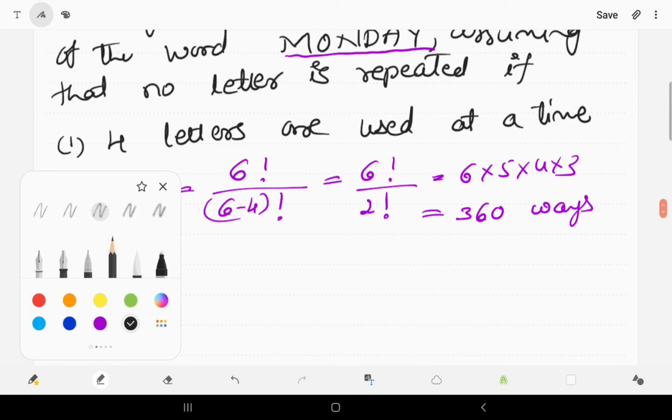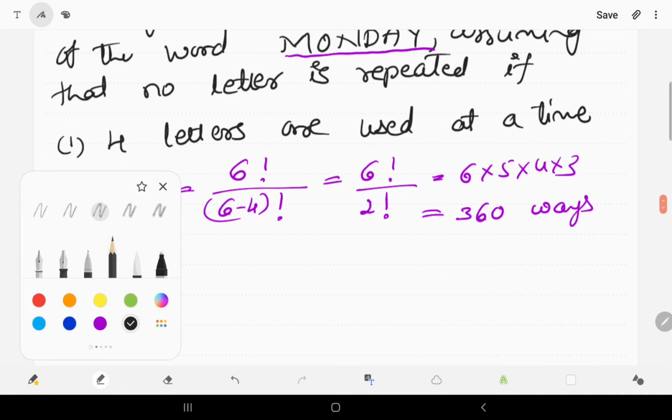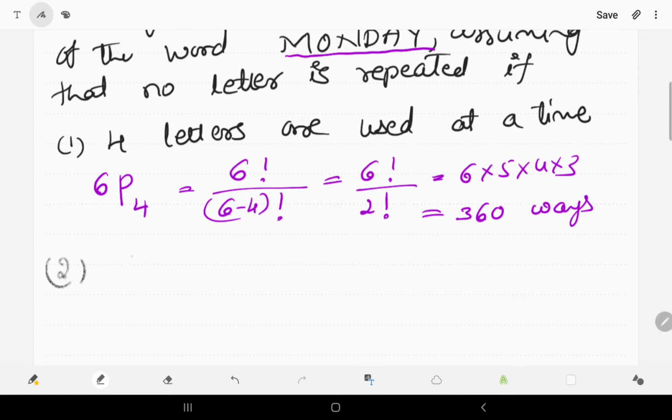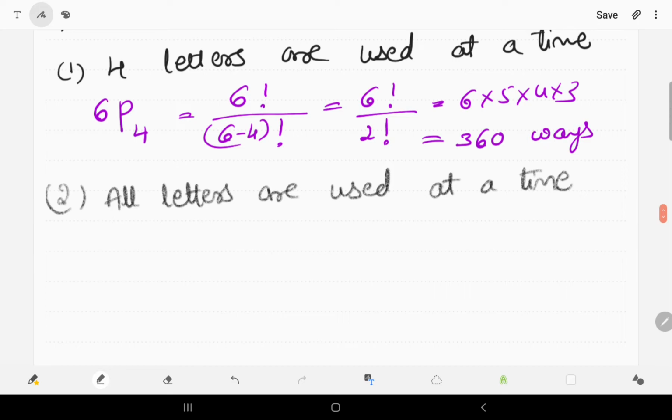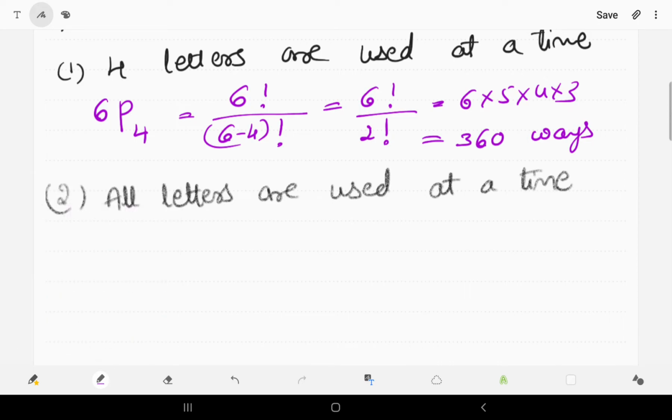Next, all letters are used at a time. Now, this is the same as the number of permutations of 6 objects taken all at a time, that is 6P6.